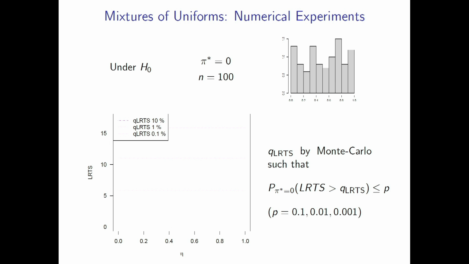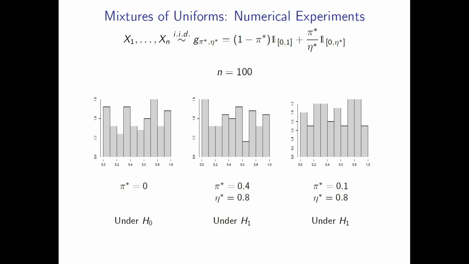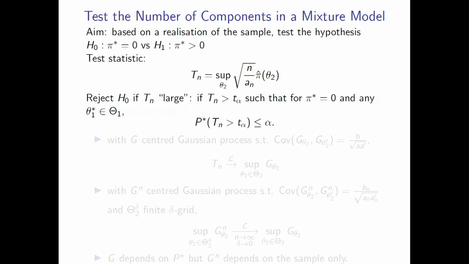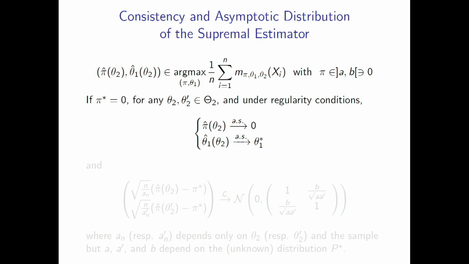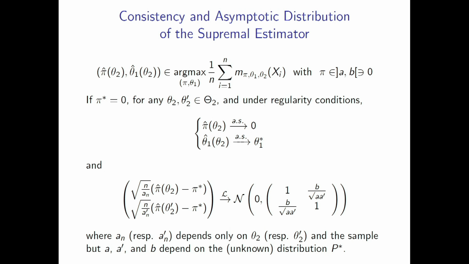We did not do it yet, but we could try to compute directly the power of the test because we have the distribution. This is why it's important that our results hold when theta2 is theta2 star, even when pi star is not 0, because this is what we need to compute the power of the test. But we didn't do it yet.